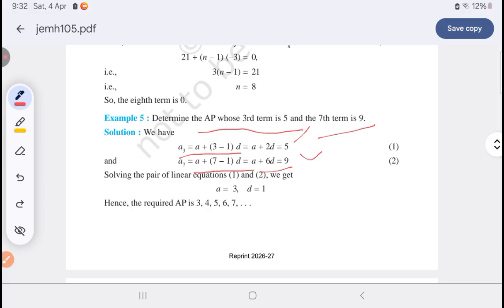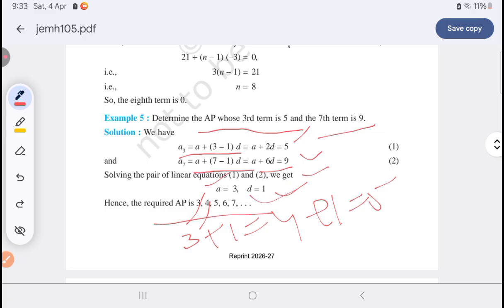From these two equations, you will find A is equal to 3 and D is equal to 1. Hence the required AP has first term 3 and difference 1. So you add 3 plus 1 equal to 4, then 4 plus 1 equal to 5. So you can find the required arithmetic progression.